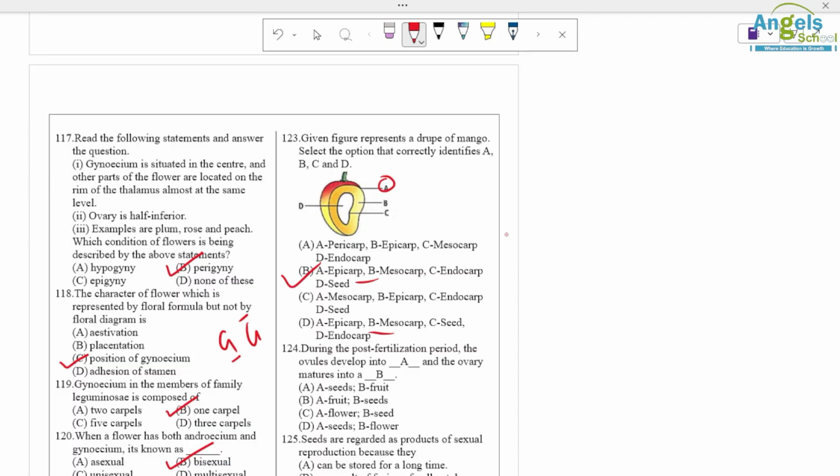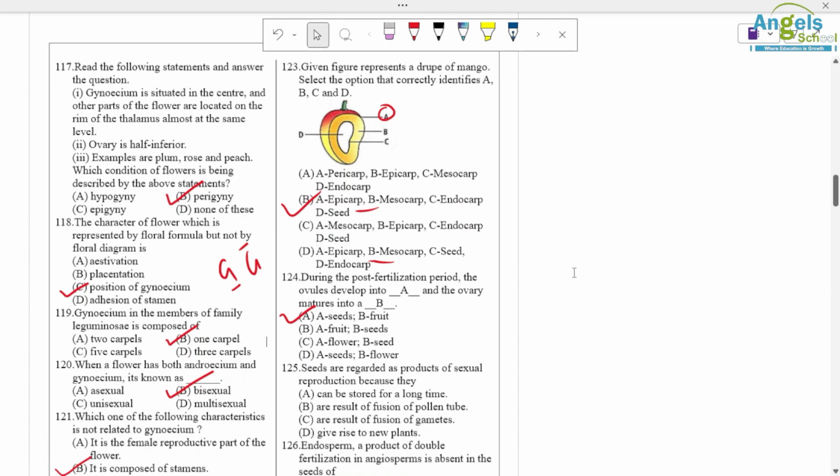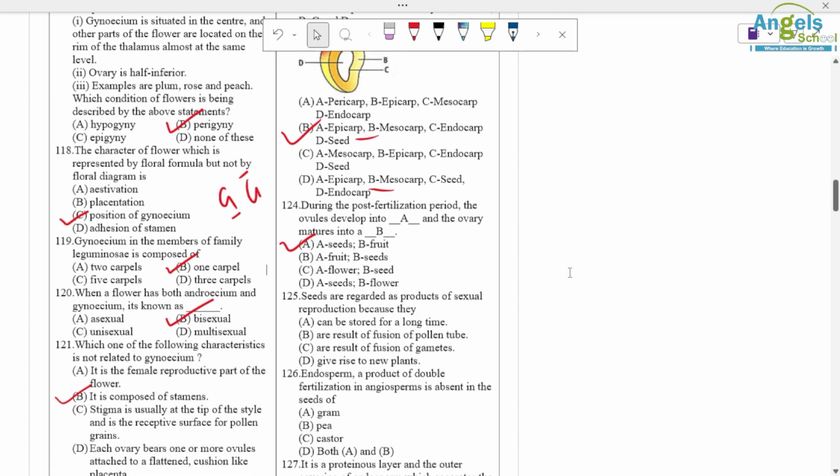During the post fertilization period, the ovule develops into a seed and the ovary matures into a fruit. So option A is correct. Seeds are regarded as a product of sexual reproduction because they are a result of fusion of gametes.